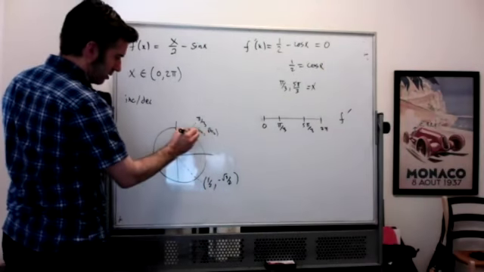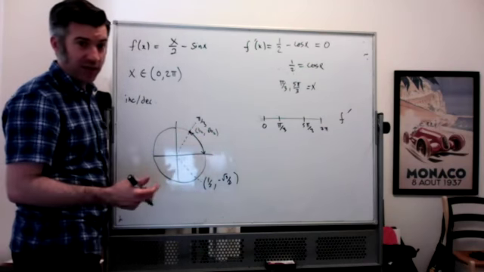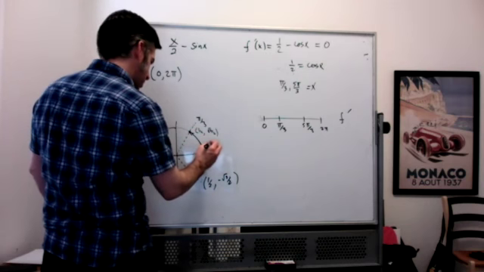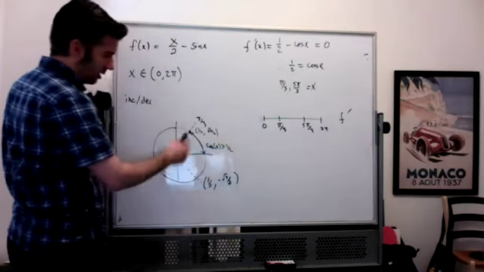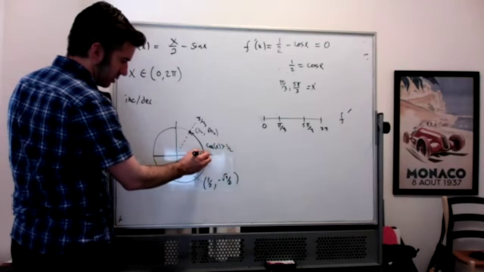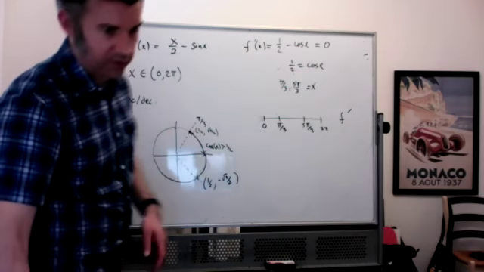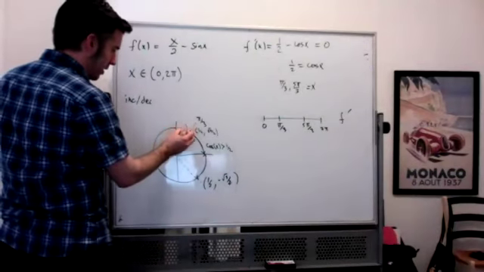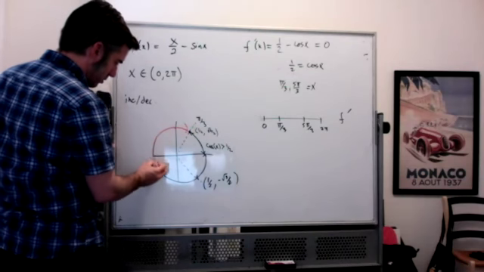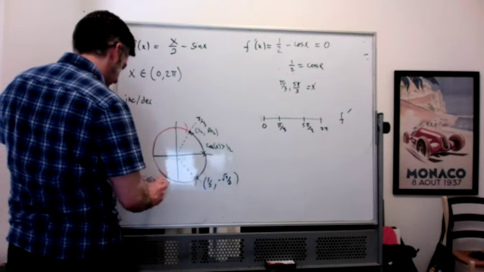In here, the cosine values, which are the x coordinates, cosine of x is greater than 1/2 in this range and in this range. And all in here, which I'll use a different color just to really emphasize it, everywhere in here, the cosine value is less than 1/2.